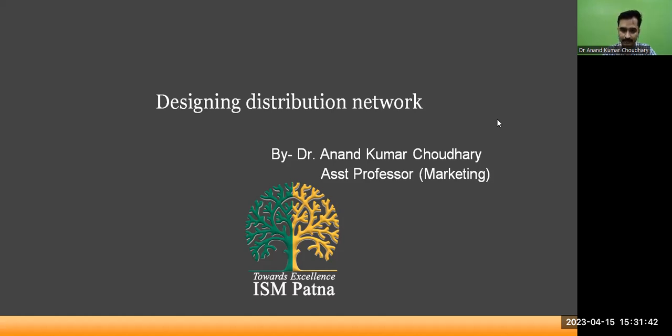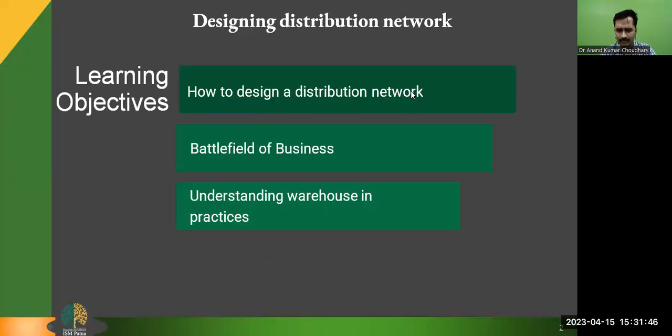What does it mean? The learning outcome is certainly how to design a distribution network, the battlefield of the business. Why is it a battlefield of the business? The reason is that it is organization against organization, supply chain against supply chain.